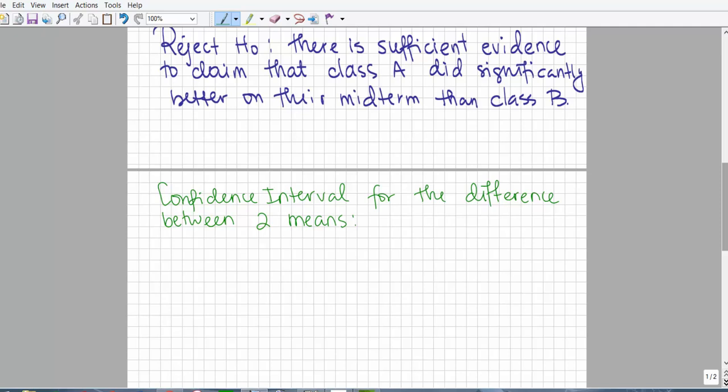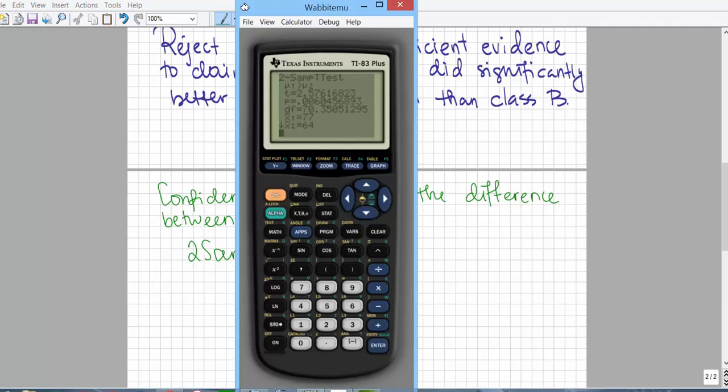So I'm going to run a 2 sample t-interval, not t-test, and write an interpretation for it. Let's go back to our calculator. We're going to go to stat, test, and find 2 sample t-interval.